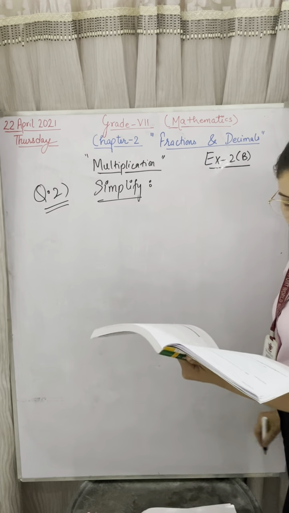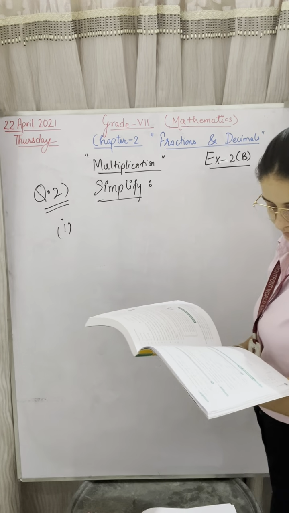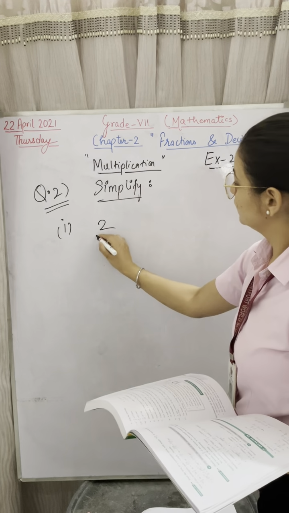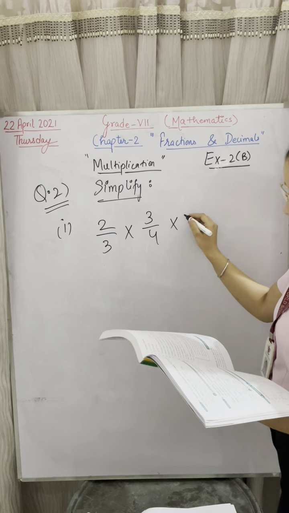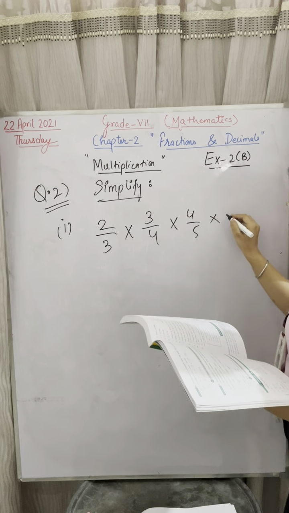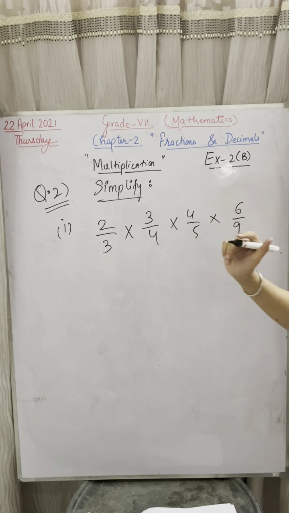simplification. You have to simplify these fractions. Suppose the first part is 2 by 3 multiply 3 by 4 multiply 4 by 5 multiply 6 by 9. Here you have to see how many terms I can cancel.